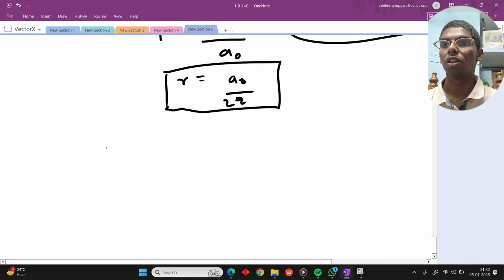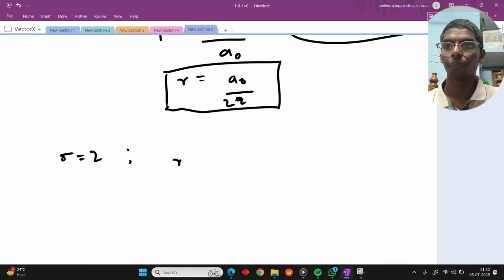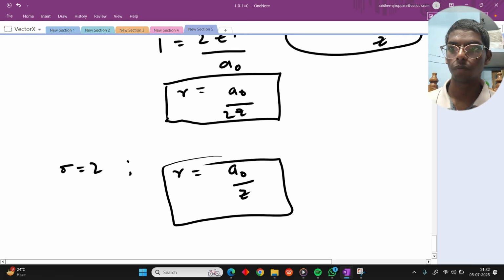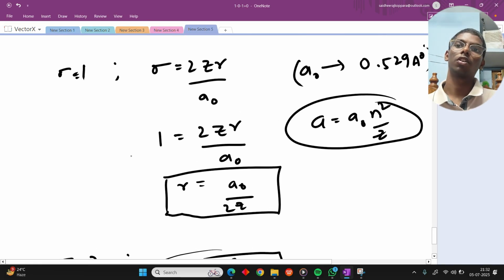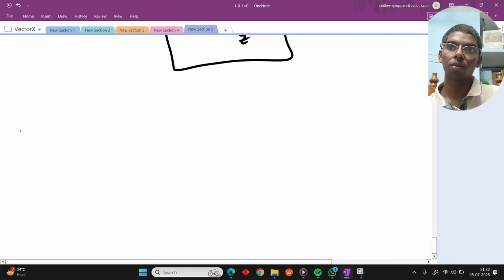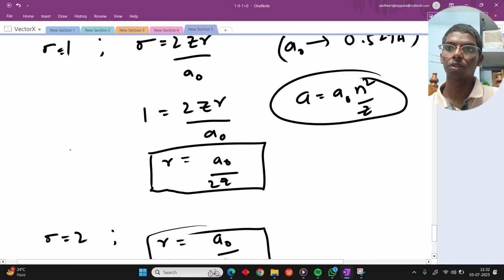Okay, so now we are finding the value of r, which will be a naught by 2Z. That's how you find it when your sigma is 1. Now if your sigma is 2, then your r value will be a naught by Z. Simply substitute all your values there.